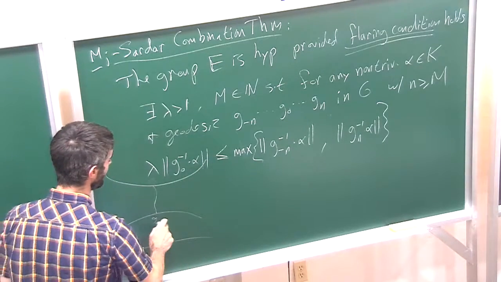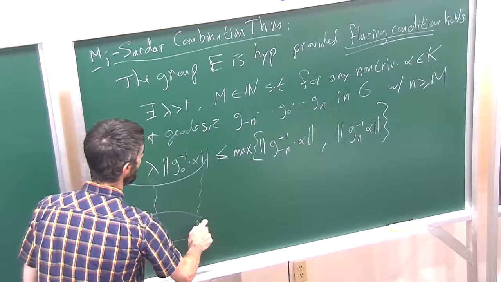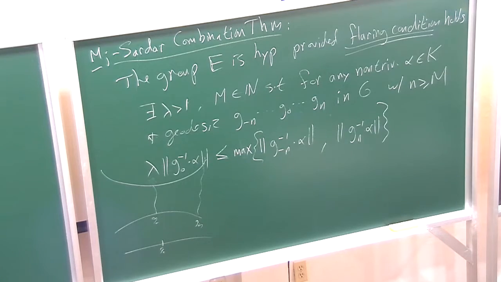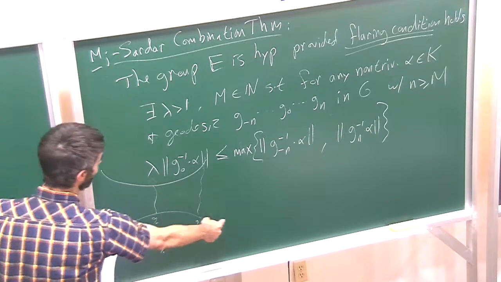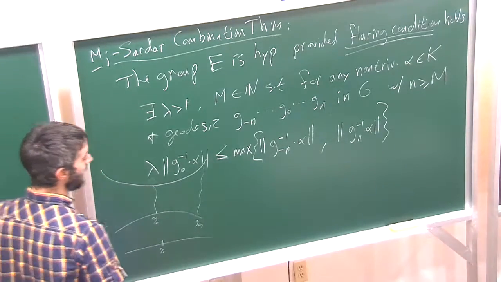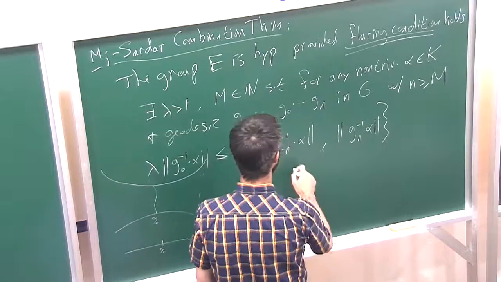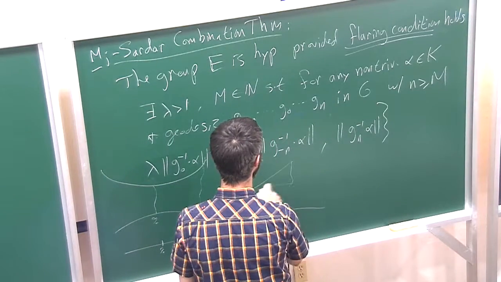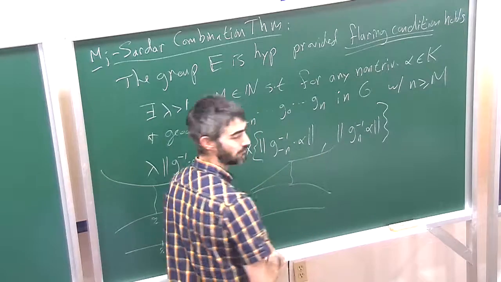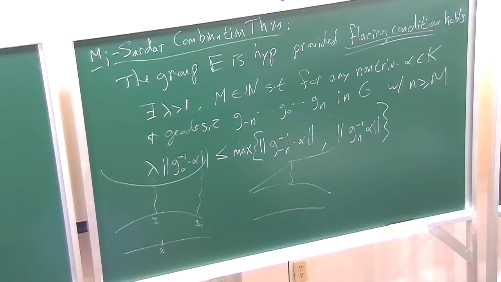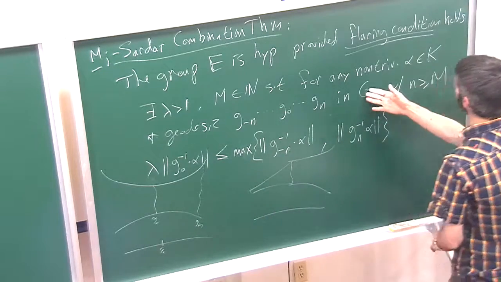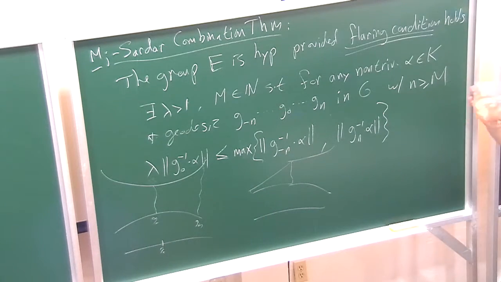So here's g0, and at gn it has to be bigger by a definite multiple. It could be that I flare in both directions, or it could be that in the middle I have some length, and if I go to the left it gets smaller, but as I go to the right it gets bigger. That's the rule. Every time I go some definite distance in a geodesic direction in G, it's getting bigger. That's the condition.